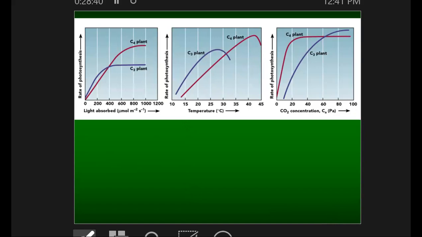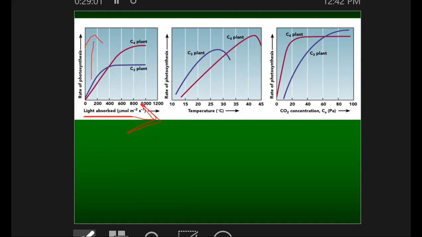These are C3 versus C4 under different environmental conditions. On the left graph, you see light intensity, essentially, light absorbed versus rate of photosynthesis on the y-axis.